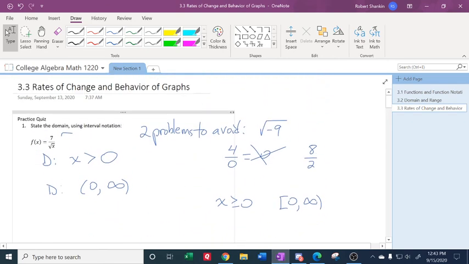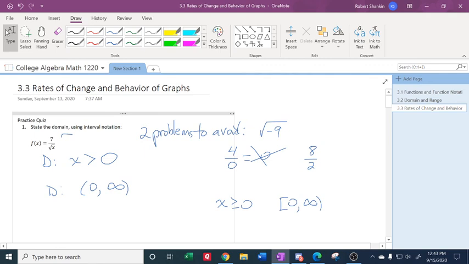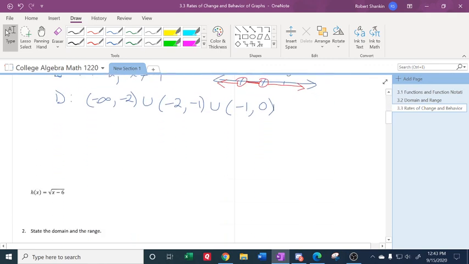Same directions. State the domain using interval notation.